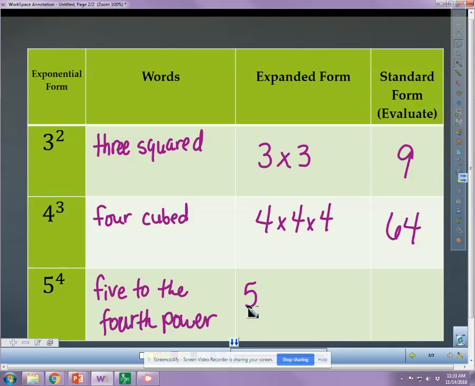And we would write that 5 times 5 times 5 times 5, which is equal to 625. So remember, 2 and 3 are the only special exponents. Every other exponent would be like the third example here, 5 to the 4th power.